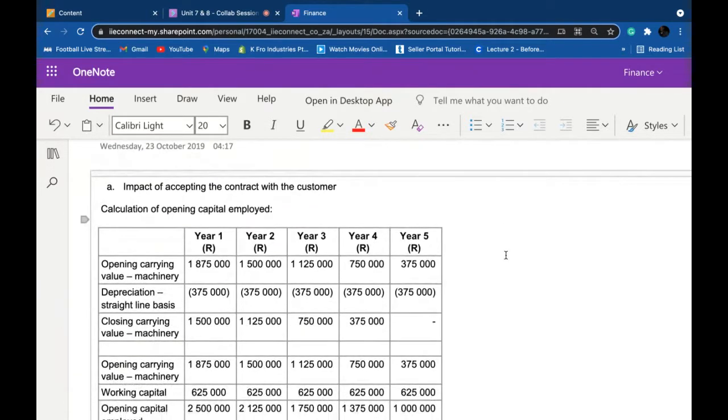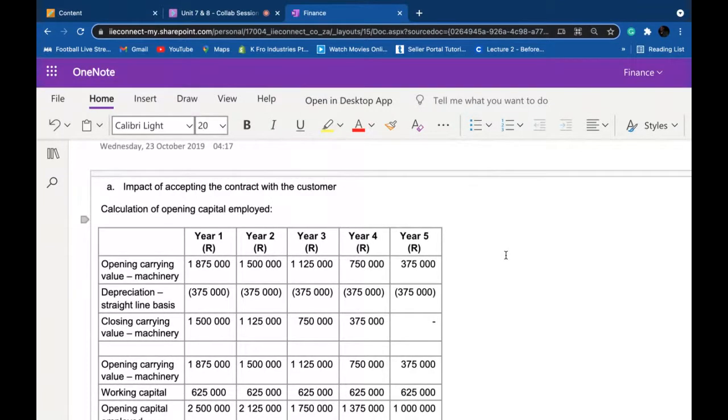So what are they asking in 8.2? Calculate the impact of accepting the contract with the customer on divisional return on capital employed and residual income. Decide whether the contract should be accepted.